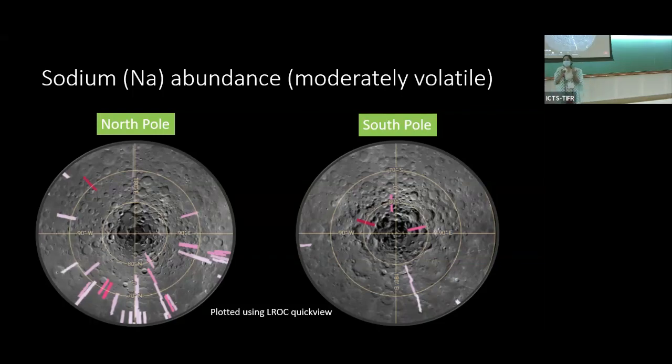So when we talk about any site on the surface at the poles, you also need to know this dependence on the diurnal cycle, the temperatures, because some of these things do change over the years and in a month.